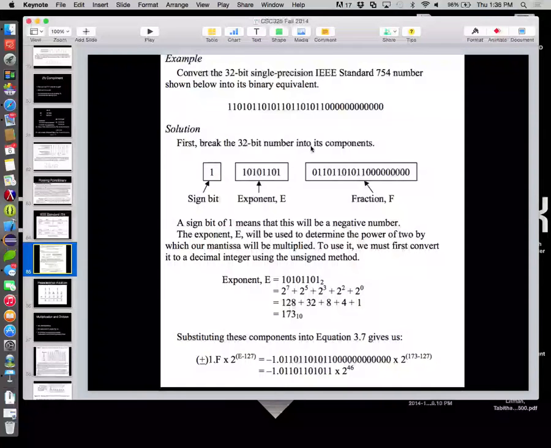So first we break it down into its 32-bit components. The sign bit, which was the original one, the exponent, the next 8 bits, and then the fraction, which is the next 23 bits. And let's see, did they add in the zeros here yet?